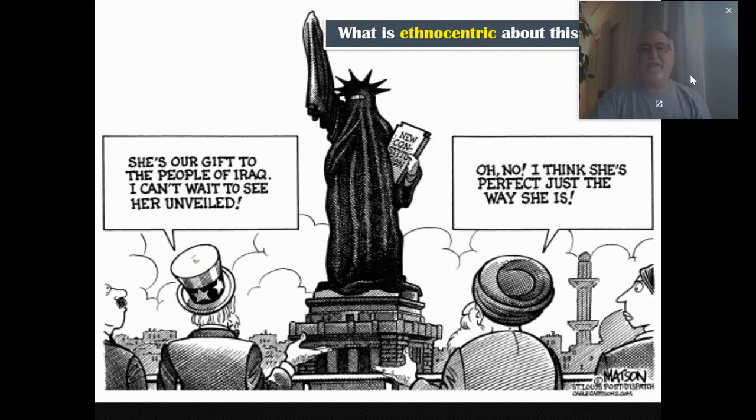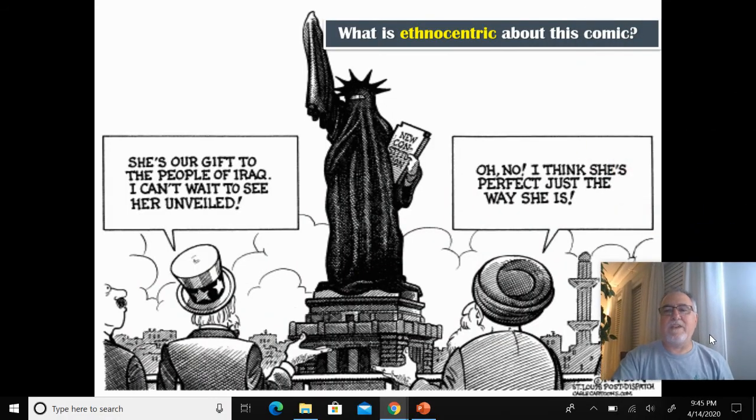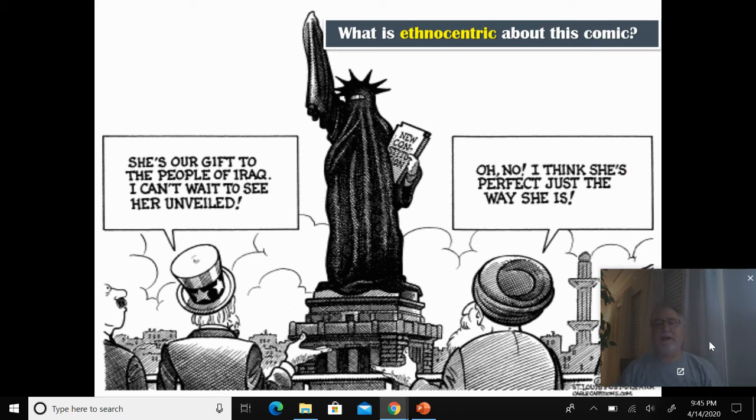This is a lovely example of ethnocentrism. What is ethnocentric about this comic? This would be so much better in class. I feel fairly certain that when we get back together again, I'm going to pull this picture up just to hear you people talk about it, just to hear what you come up with with respect to where is the ethnocentrism and is the ethnocentrism one-sided?